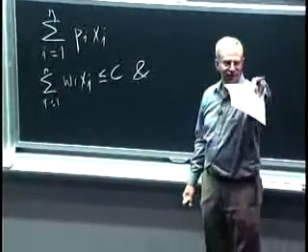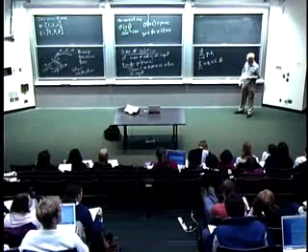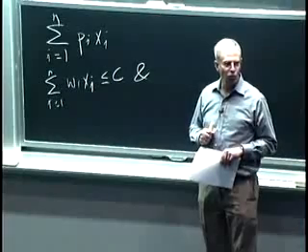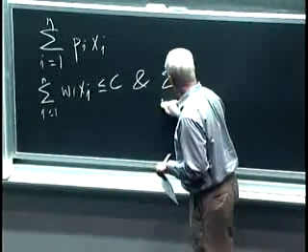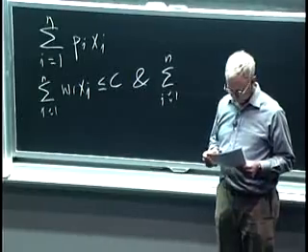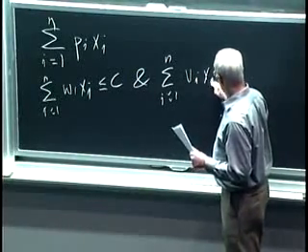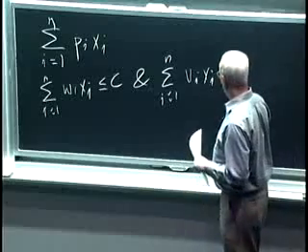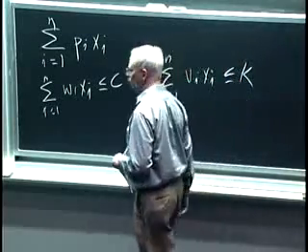Somebody else. Yeah. You can't exceed the volume that's in the knapsack. Right, but can you state it in this kind of formal way? Sum from i equals 1 to n. Whatever you need for volume. Let's say v sub i, x sub i, is less than or equal to, we'll write k for the total allowable volume.